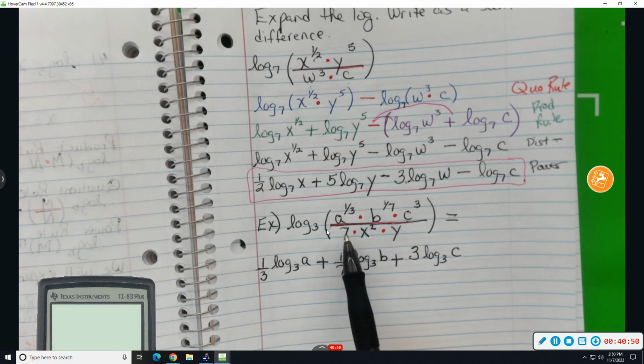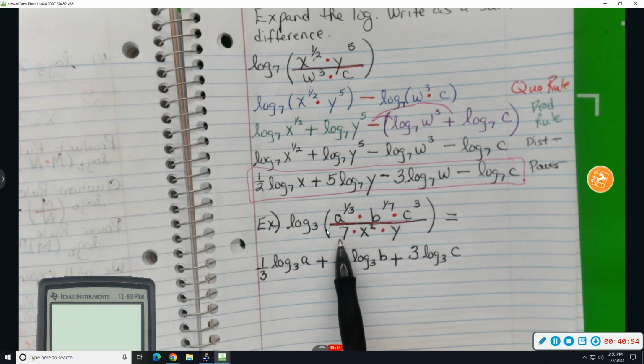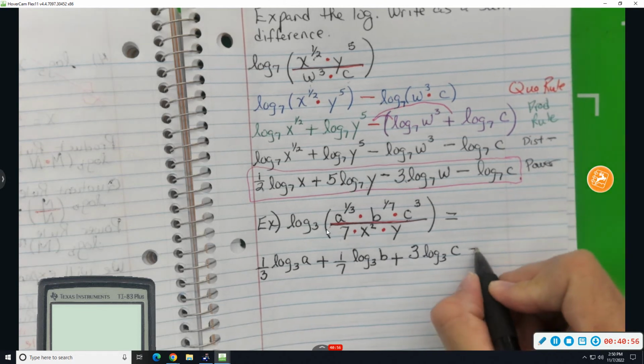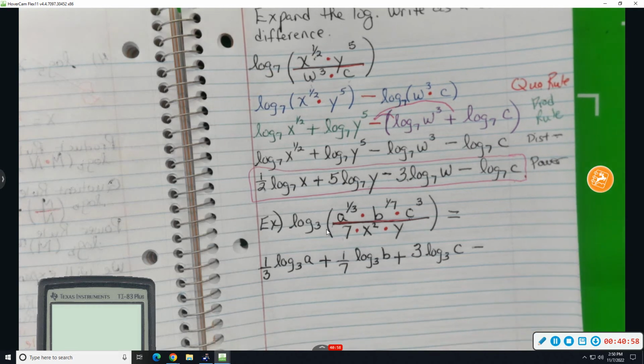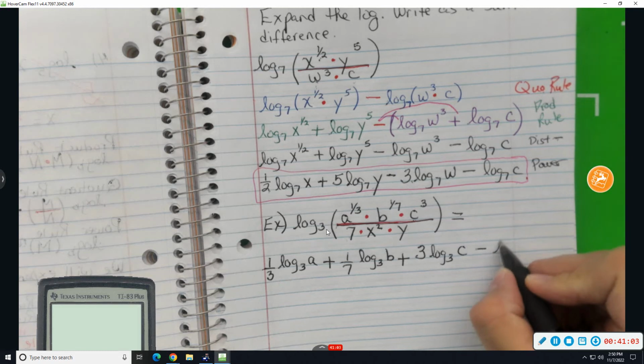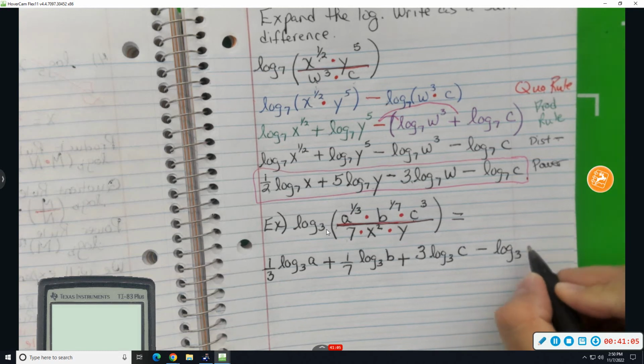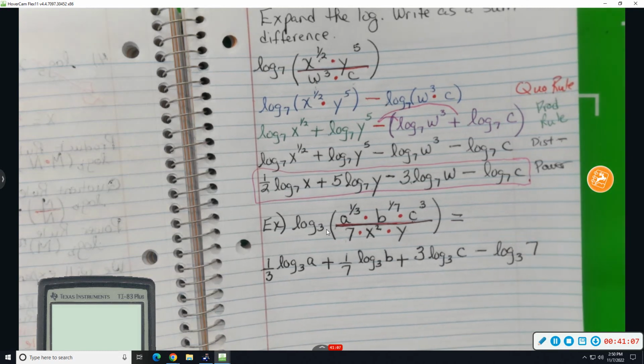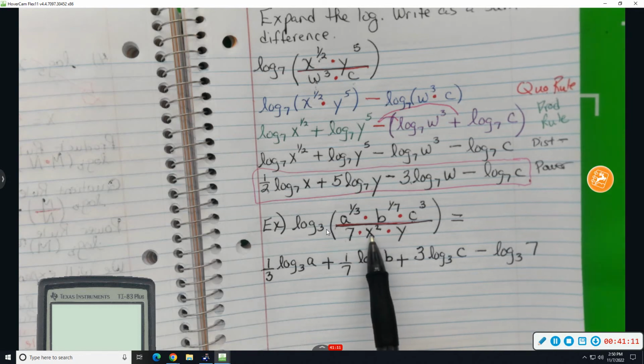Now I move down to the bottom. The 7's on the bottom, so you put a minus. There's not an exponent on the 7. So you just write log base 3 of 7. We move to the x squared. Am I going to write plus or minus?